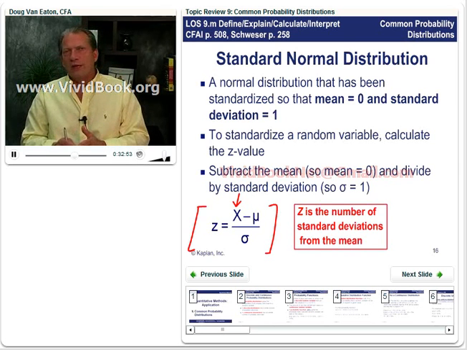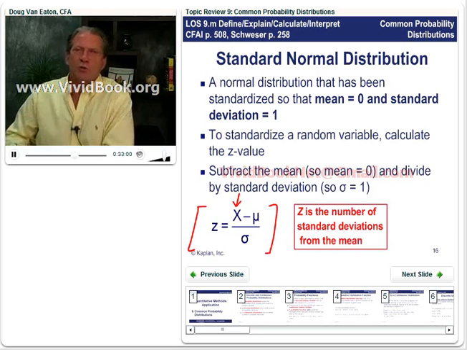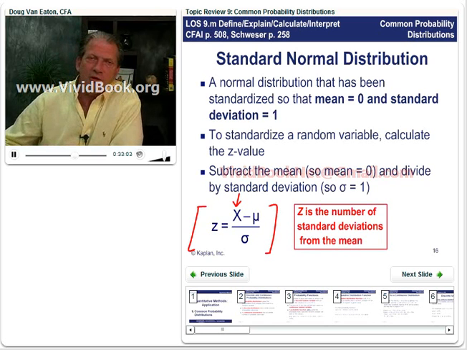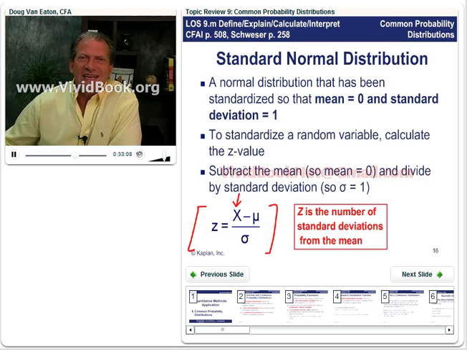So 1.96 standard deviations above 0 is 1.96. It becomes a lot easier to work with. We only have to put one table in the back of the book instead of a lot of them. So our z statistic is just how far from the mean, in standard deviation units, we are with each observation.